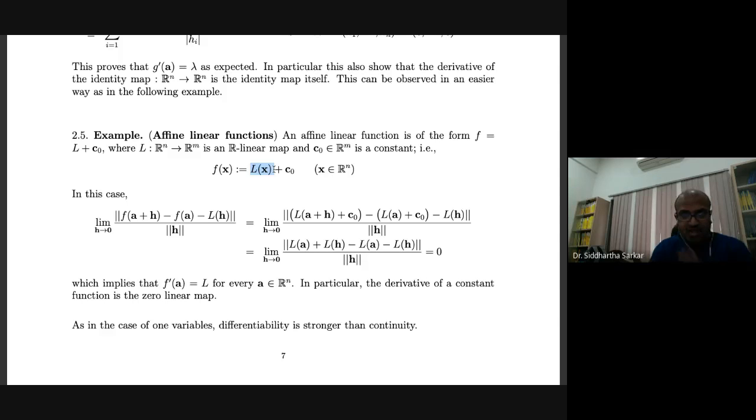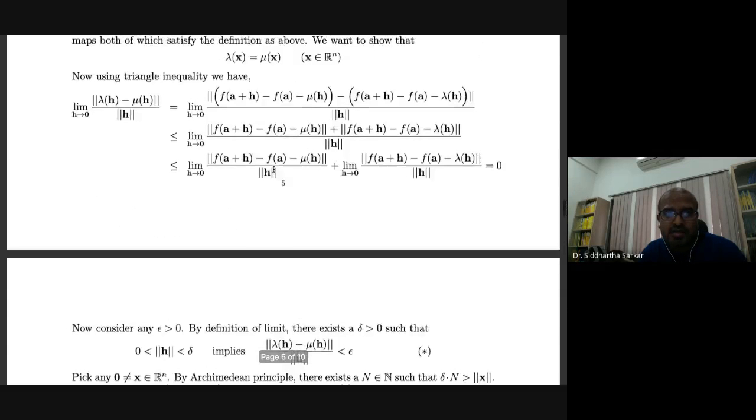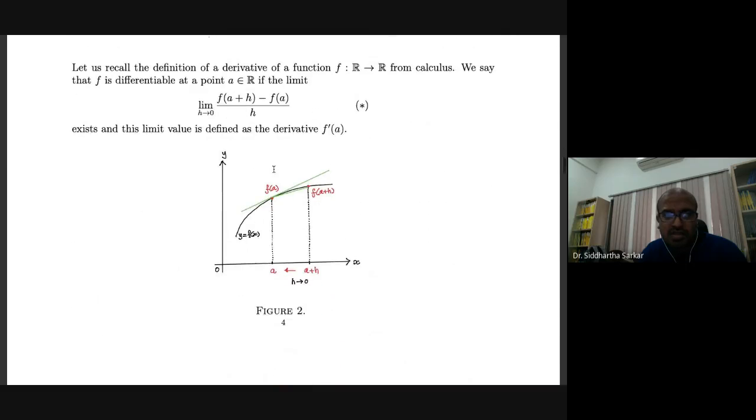Well, this is again pictorially clear when you look at the pictures of derivative in terms of calculus. Let's go to that picture over here. So here the derivative was the tangent at this particular point a, f(a) over here. This is what you expect as the linear map, which is the derivative. But now this is being translated.